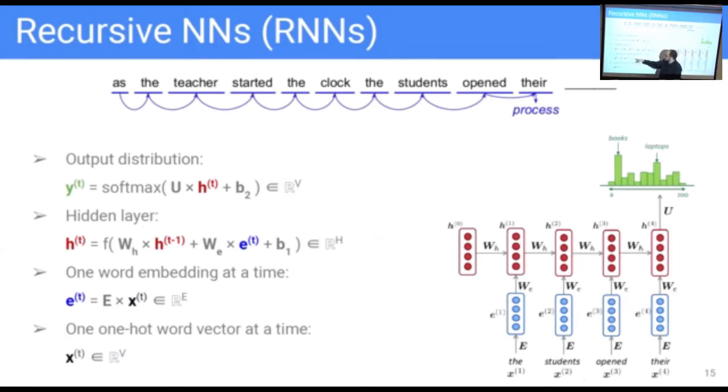So the input is simply E, and the output becomes smaller, often. It is the input of that non-linearity that becomes larger. So this W weight always has as many columns as the number of embeddings, and as many outputs as the number of units that you want to put in the second layer. So that doesn't grow.